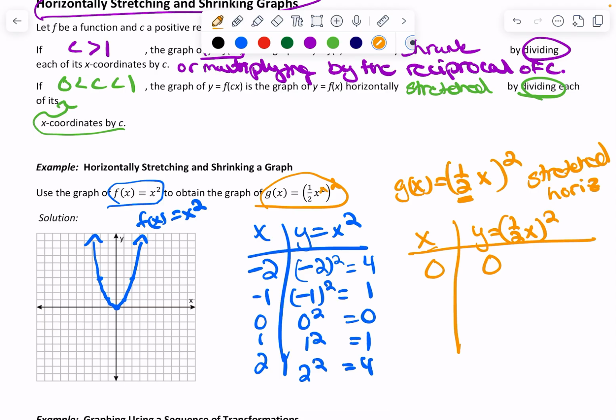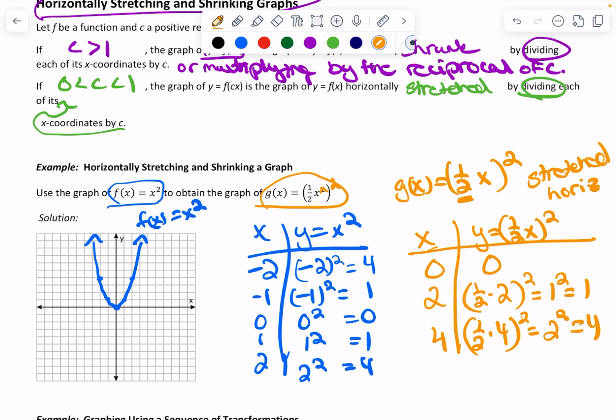Then 2, which is half times 2 squared, so 1. And then 4, so half times 4 squared, that's going to be 2 squared, which is 4.